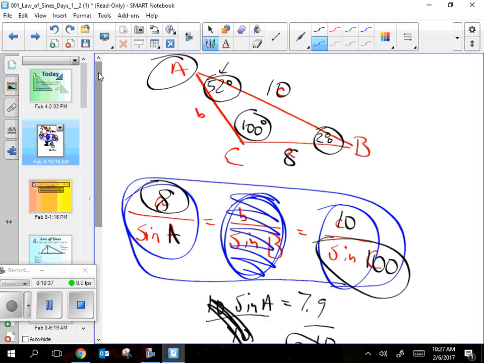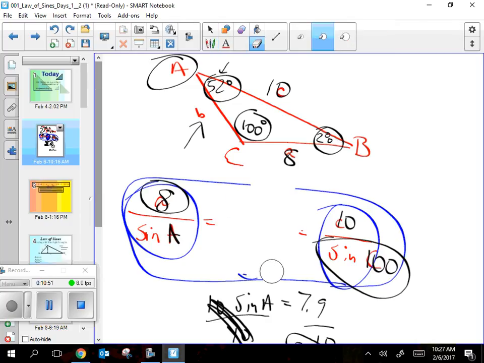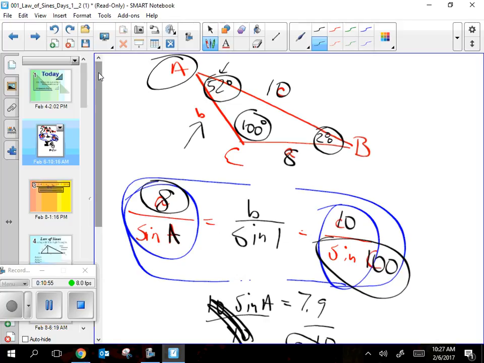And then the last one is this side here. Well, you can set up and now use this middle part to find B. Everybody do that. Figure out what B has to be now. B over sine B. Well, we know B is 28.